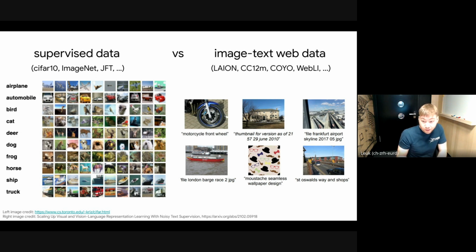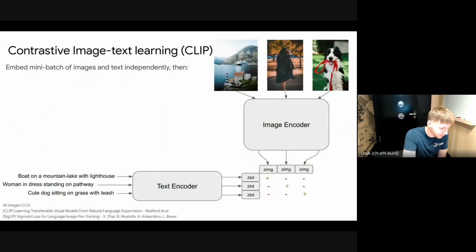So you can see that if we are able to leverage this kind of data, our models could actually understand a lot more. Then the question is just how to leverage it. And basically what CLIP and ALIGN both do is this. You have this mini batch of image and text pairs. Here you have this image and the text that goes with it, on a mountain lake with lighthouse.